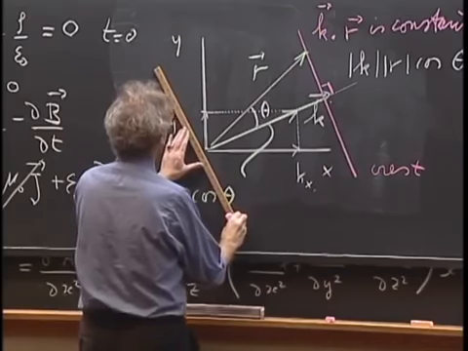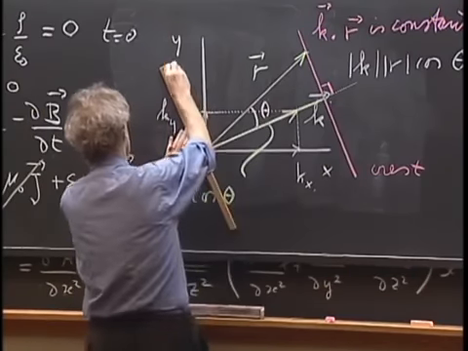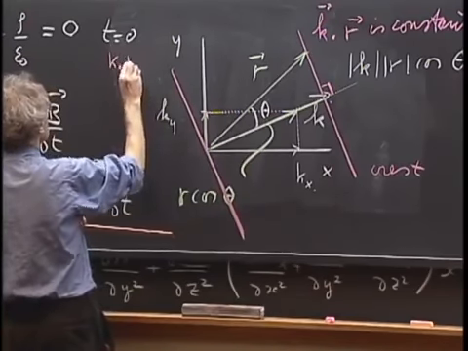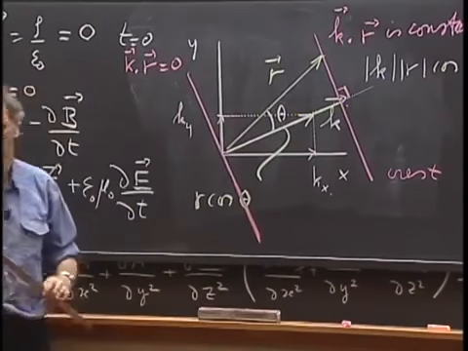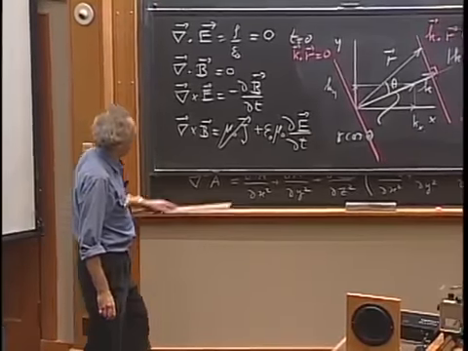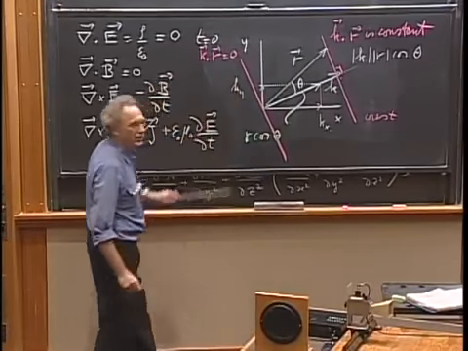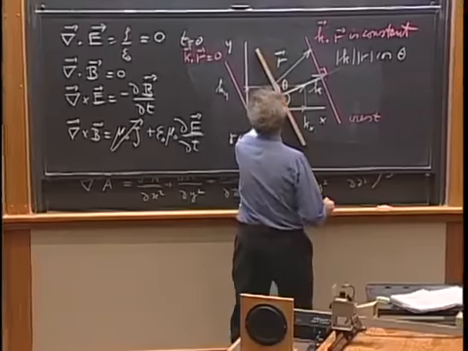And here, I draw another line perpendicular to k. So here, k dot r is 0. The dot product is 0. r is perpendicular to k. So this point. I will also assume that the E vector here is a maximum pointing in your direction, and then there is one here.